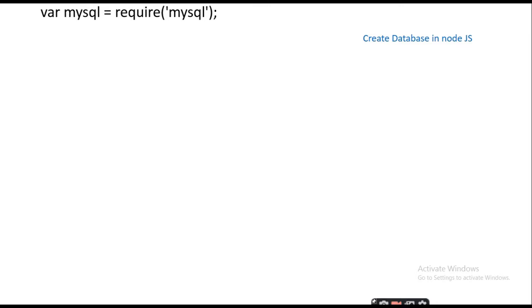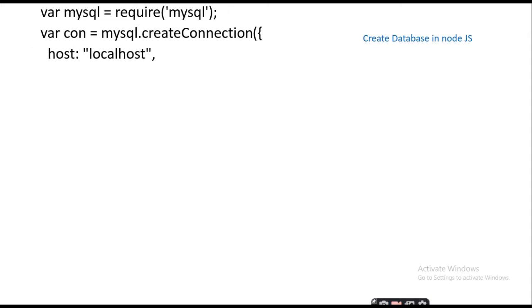Variable mysql equals require mysql, because while creating the database we are using some functions from the MySQL package. So we need to first import that module in our program. Then here we'll use the syntax mysql.createConnection, and in that we'll specify the host as localhost, then username and password.